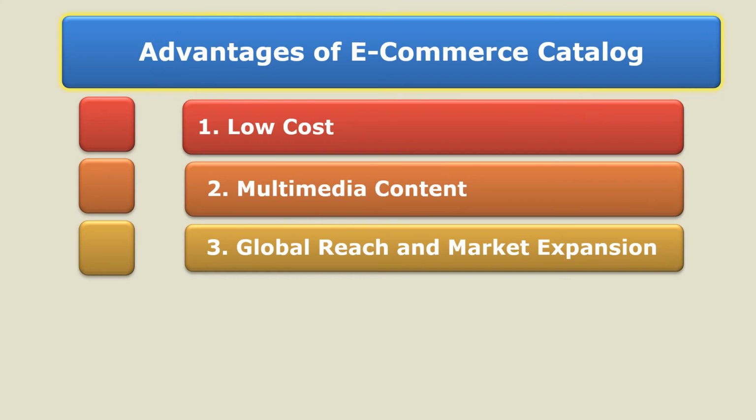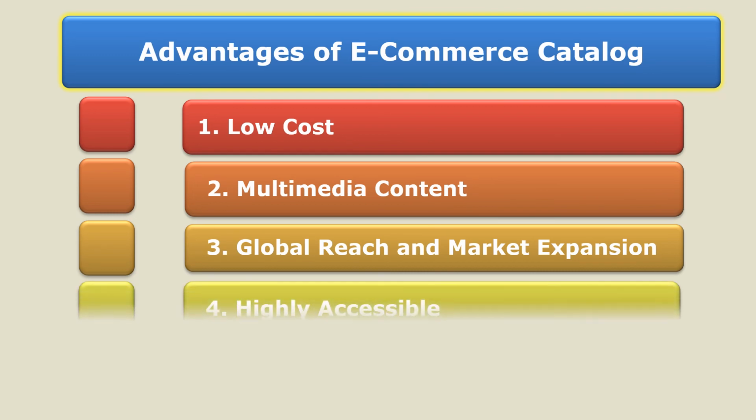So, e-commerce catalogs have global reach, because of which the business organizations can gain new customers. So what is the advantage? By providing the required products or services to such new customers who are coming from all corners of the globe, the business organizations can expand their business. That is the third advantage.